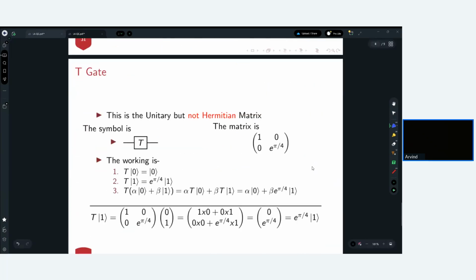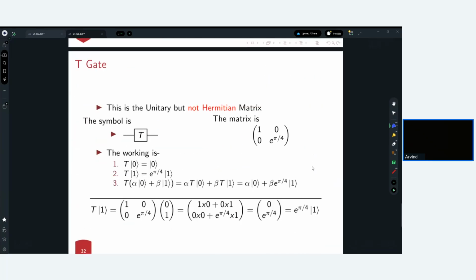So the next single input gate is the T gate. Like the earlier gate, the T gate is a unitary matrix but not a Hermitian matrix. It again takes one input and converts that input into the output. The working of the T gate is like this.